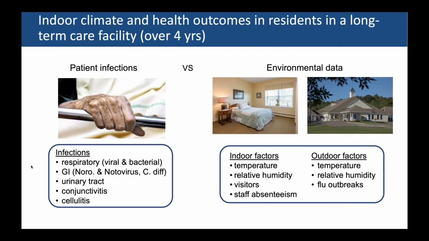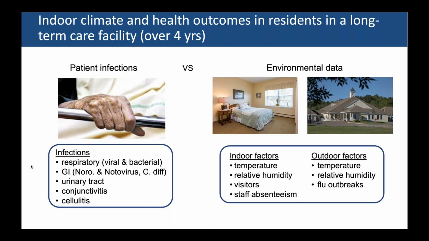So I did another study. This one's now 6 years in the running. This is in an assisted living facility, a nursing home in New England. For this part of the study, over 4 years, we looked at infection rates in the patients. This started before COVID-19 and is ongoing.